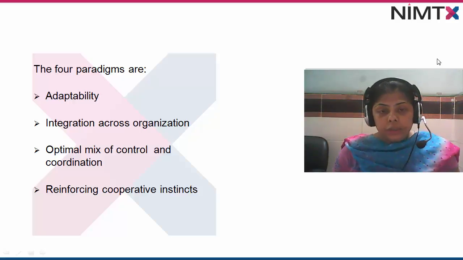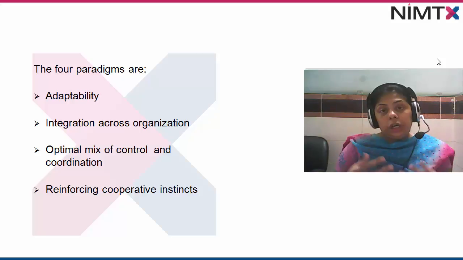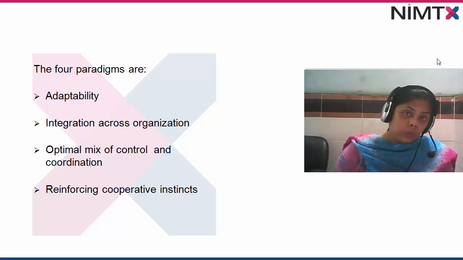Integration across organization. Integration, coordination across organization. When we say integration, the superiors and the subordinates should coordinate with each other. The subordinates know the ground reality. They are working with the customers. They are in marketing.